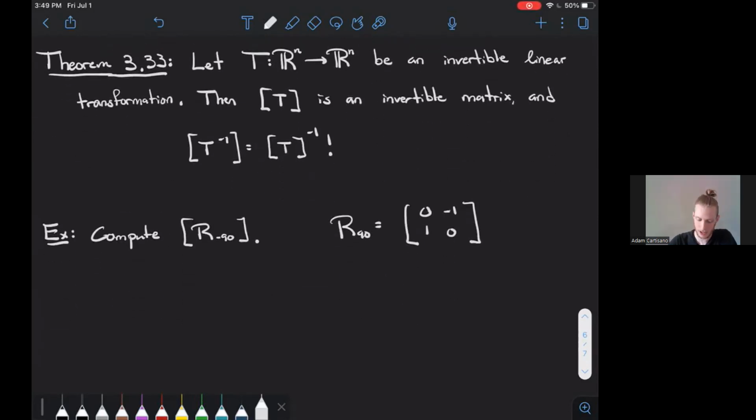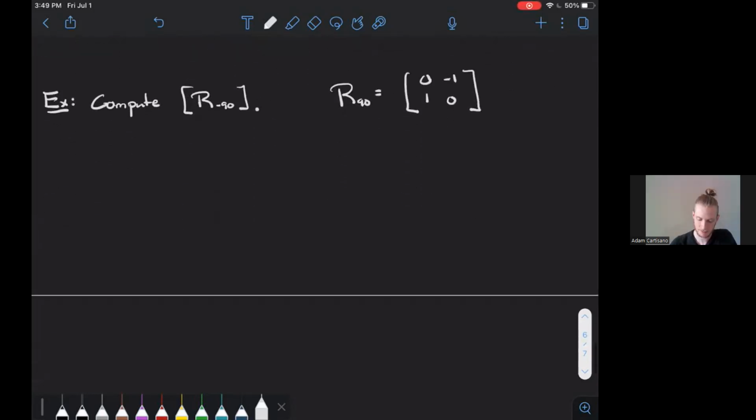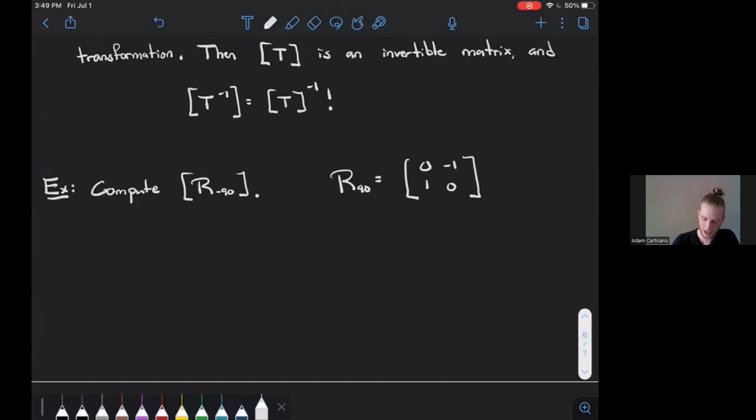Well, the formula for the inverse of a matrix is 1 over AD minus BC times the matrix D, negative B, negative C, A. Flip the two on the main diagonal and negate the off diagonals.